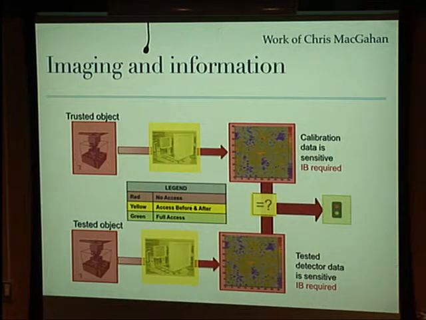You have access before and after, but not while the images are being acquired. So there's lots of red squares and lots of yellow squares. There's only really one green square, which is the answer, which can be shared among everyone. And so our goal in this project is to push back on the red and try to turn the red green as much as possible.